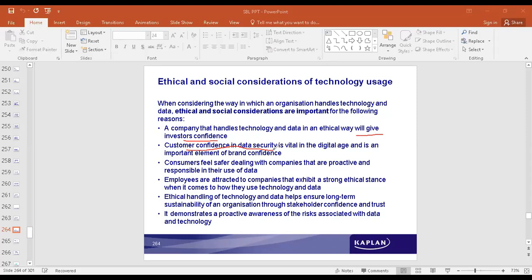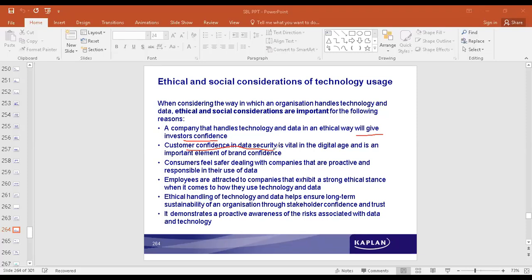But if they are hesitant and doubtful about the security, they would not come forward to share their details with the seller.